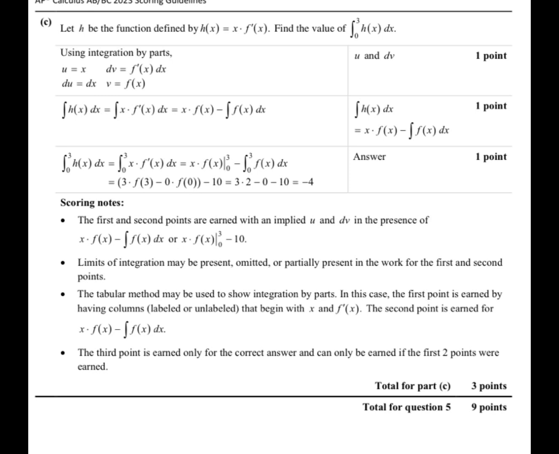The last point is wrapping it all together, finishing the integration, plugging in your 3 and 0, and also the integral from 0 to 3 of f of x equals 10, and then 6 minus 10, which equals -4. And again, just like every other part in this problem, nothing's really trying to trick you. There's nothing hard that will mess you up.